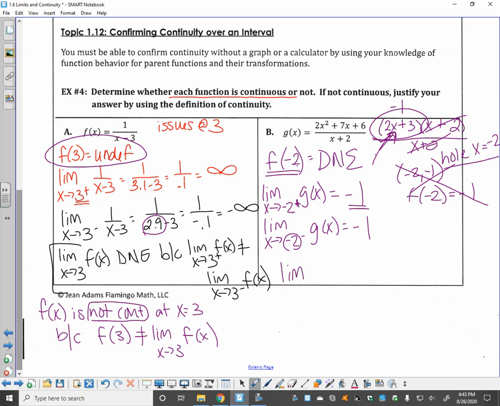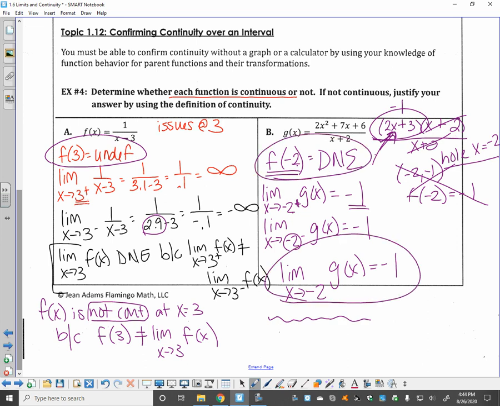So I know that the overall limit exists. However, and I'm not going to write this, we are not continuous because f of -2 does not equal the limit as x approaches -2. All right, good times.